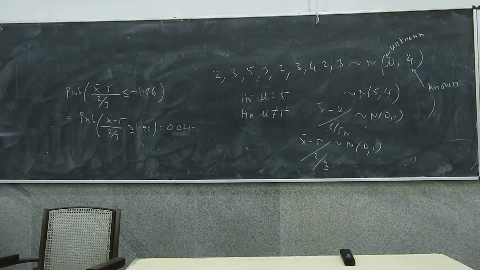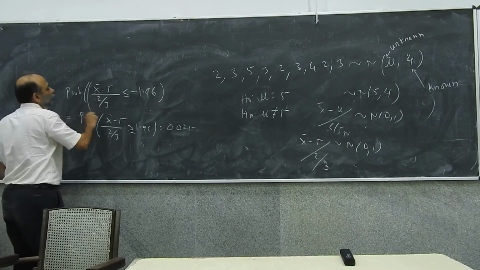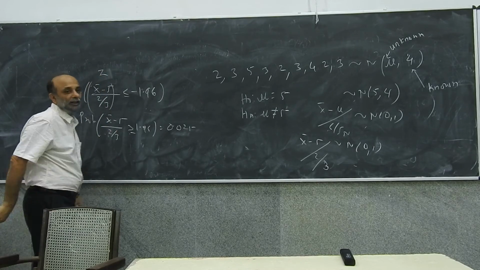So 95% of the times x bar must lie between minus 1.96 and plus 1.96. 5% of the times it would lie outside these intervals. X bar minus that quantity, right? This is generally called the Z score.